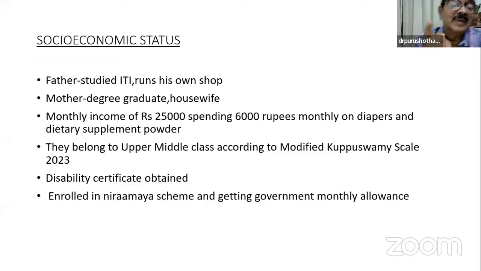In this case, the mother may be educated, but she is not able to go for any other things. How can we support this group? That is a totally different aspect, but we all need to know about the social aspect of disabilities. That is very important. Happy that you have already mentioned this.